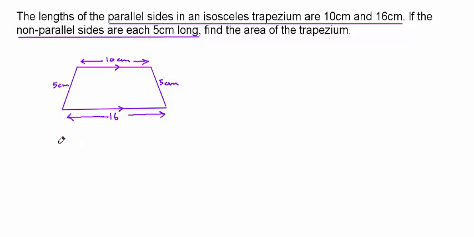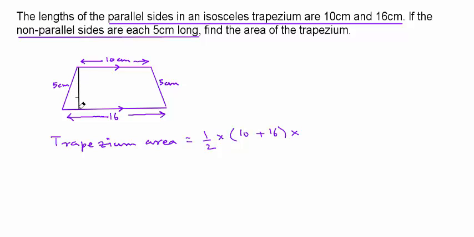Now we know that for a trapezium or a trapezoid, the area is given by 1/2 times the sum of the parallel sides. So I'm just going to write 10 plus 16 times the distance between them. Now this is not given.